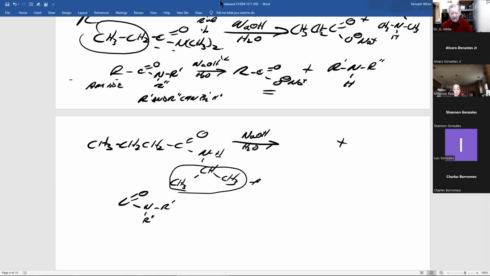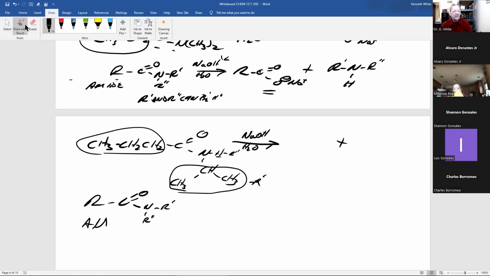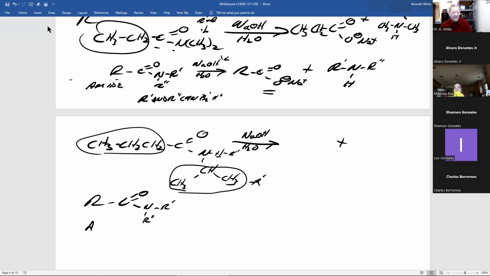I call this R prime, this R double prime. Ooh, and I've got carbons here. I have an amide. I can spell it. Must be getting near spring break because I can't spell that. I can't spell most of the time.